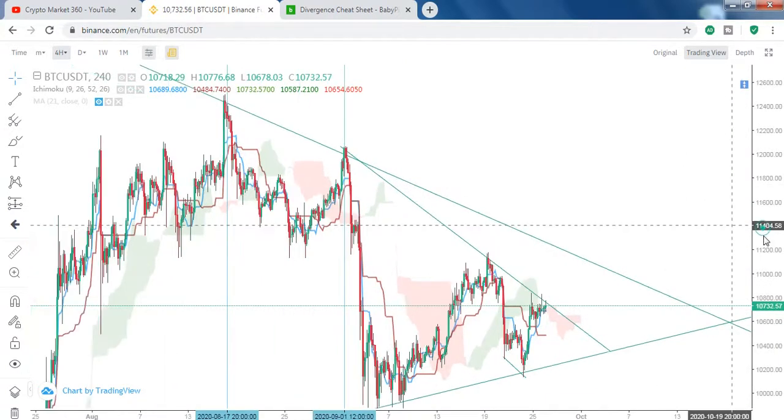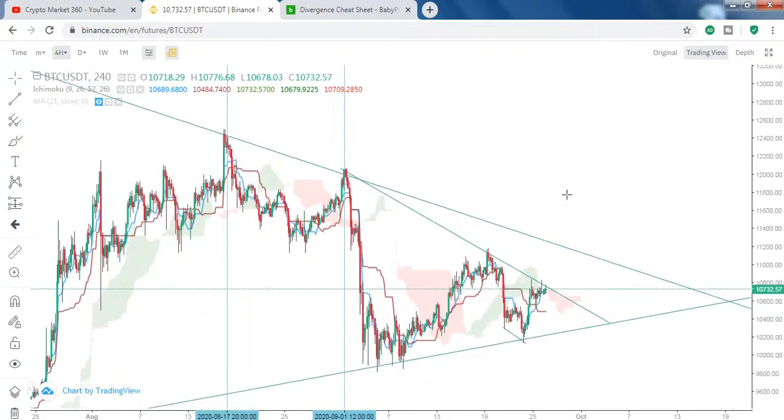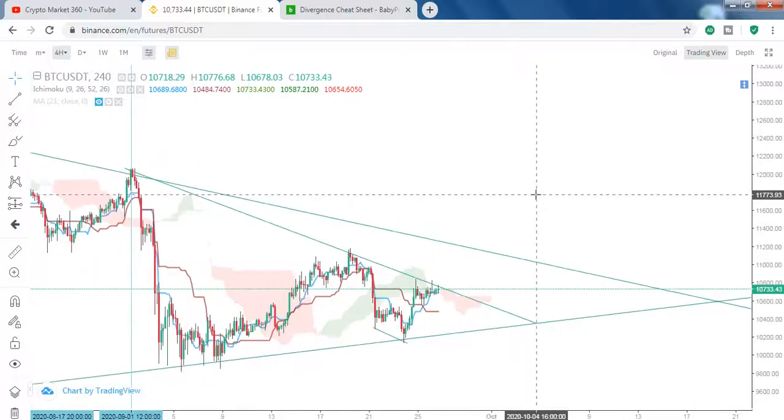If you don't know what the Ichimoku cloud is, it's okay, but I will not try to explain it in this video right now, because it's getting long.